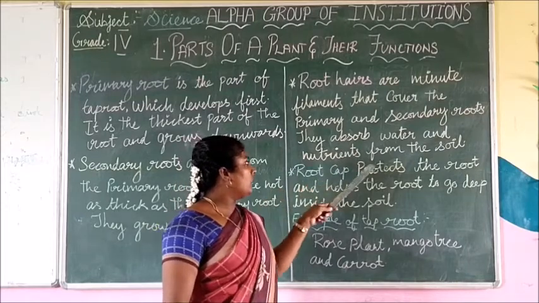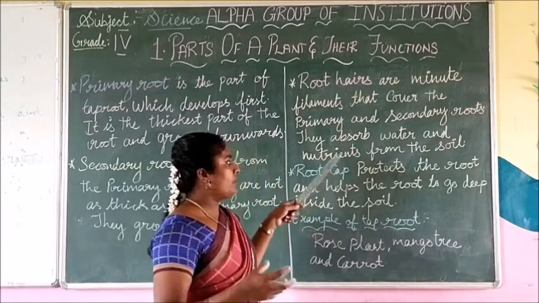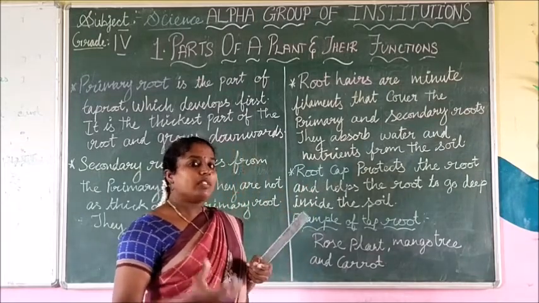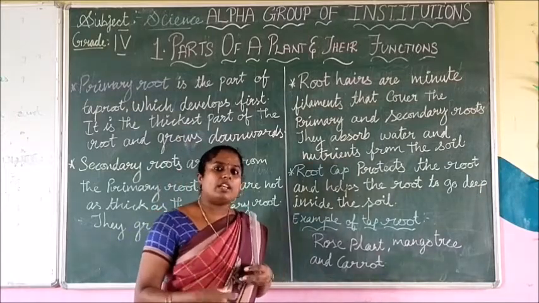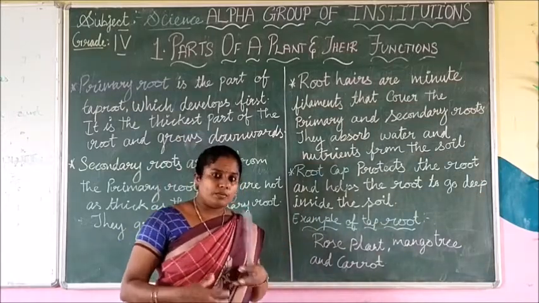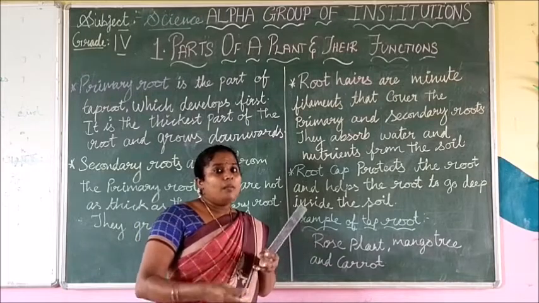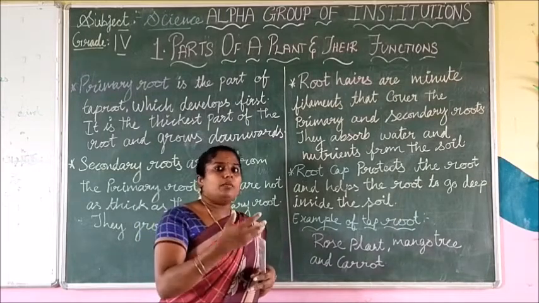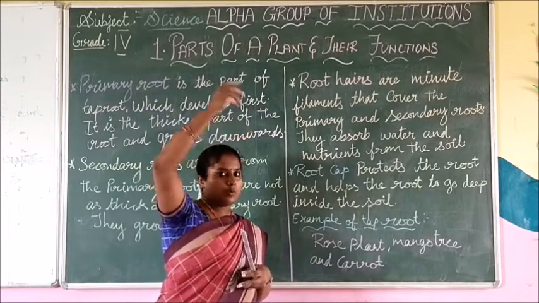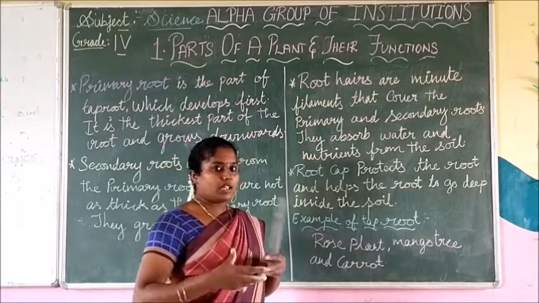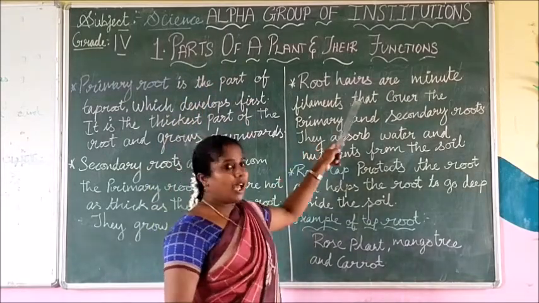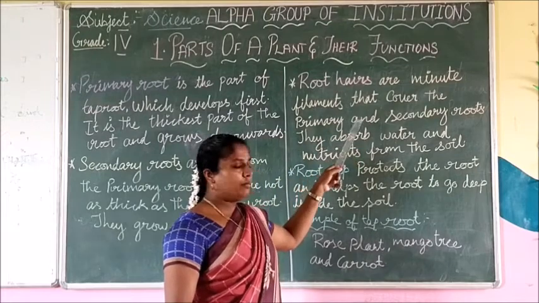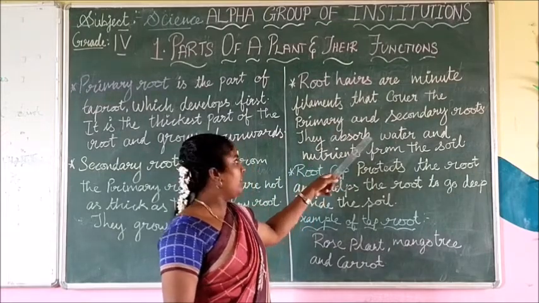They absorb water and nutrients from the soil. From the soil, the root hairs absorb the water and nutrients and give them to the secondary root, and from secondary to primary, and it will go to the stem, to the leaves, likewise. So root hairs are minute filaments that cover the primary and secondary roots.